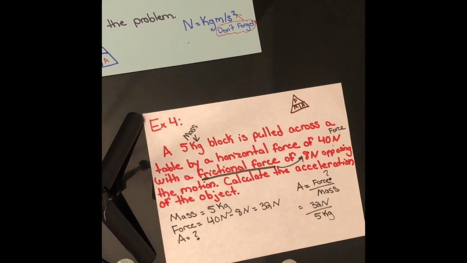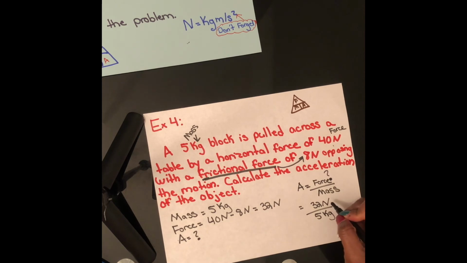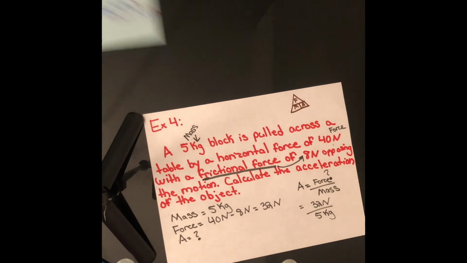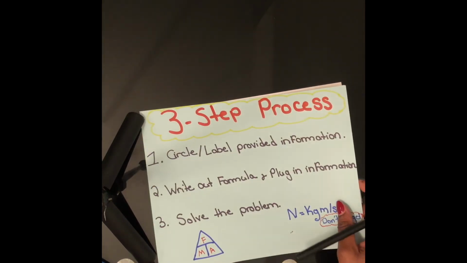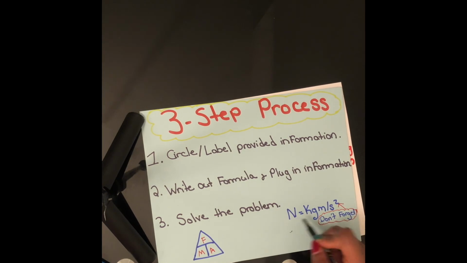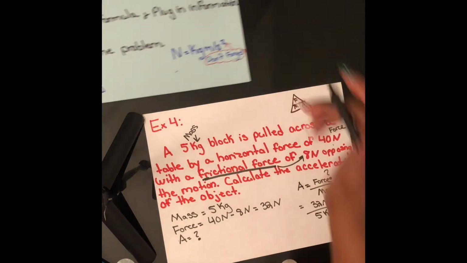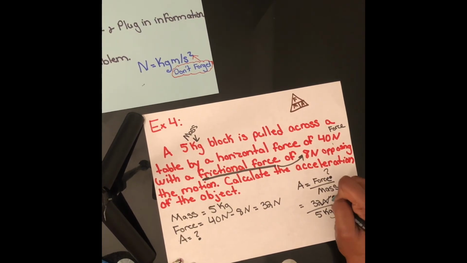Of course, we're going to divide, but before we divide, you know that we cannot work with that newton and that kilogram. We first need to convert that newton. And as we have in our notes, we know that 1 newton is equal to 1 kilogram per meter second squared. So I'm just going to rearrange that real quick. Kilogram per meter second squared.